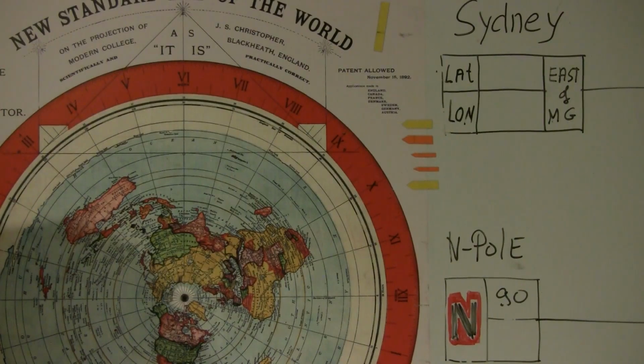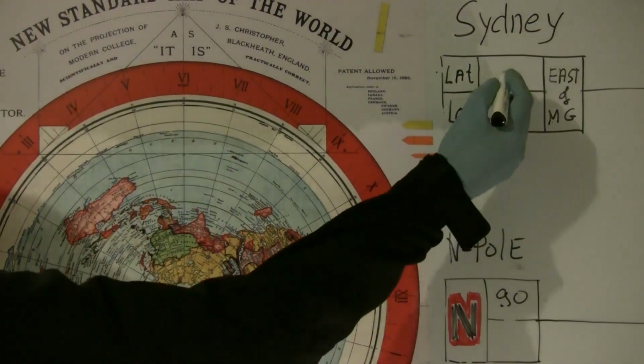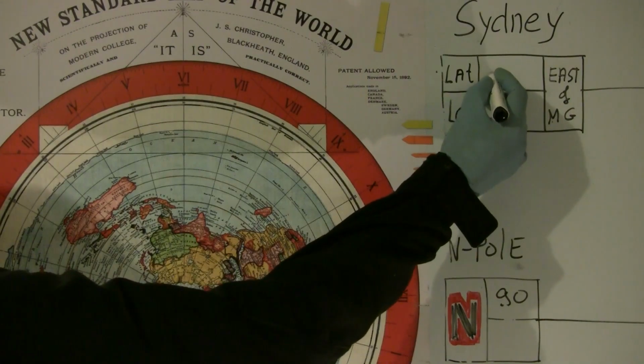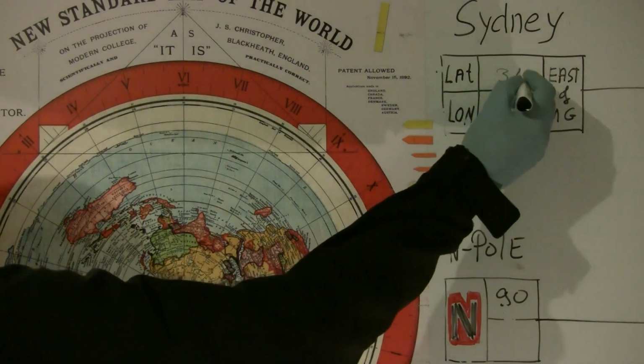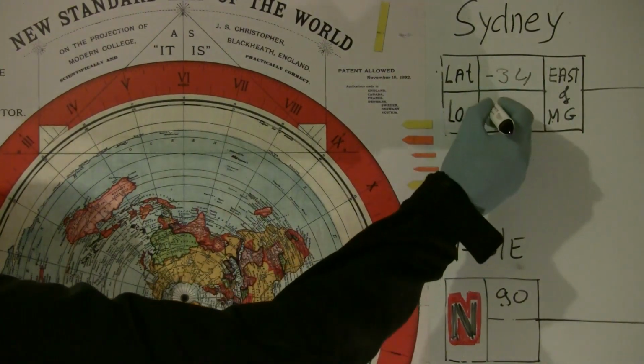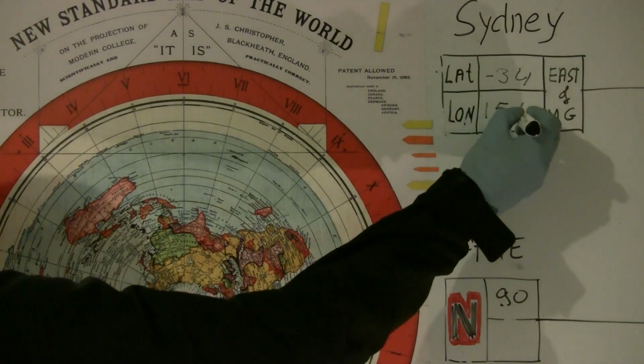In the first part of our video, I showed you how to find the coordinates for Sydney. We measured and pinpointed Sydney, and we found the coordinates 34 and 151.